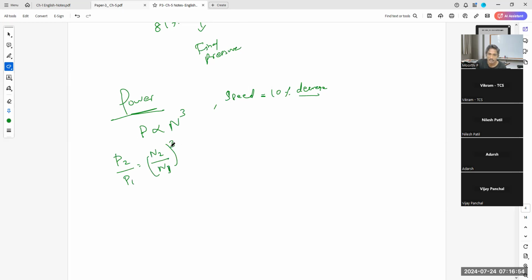The speed is going to decrease 10%. What is the value of N2? 0.90 N1. Then whole cube.